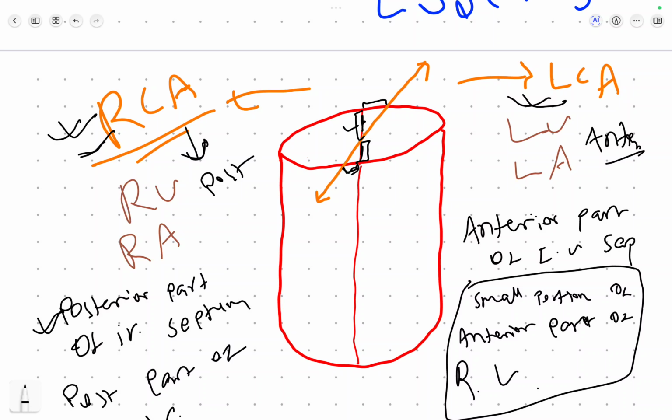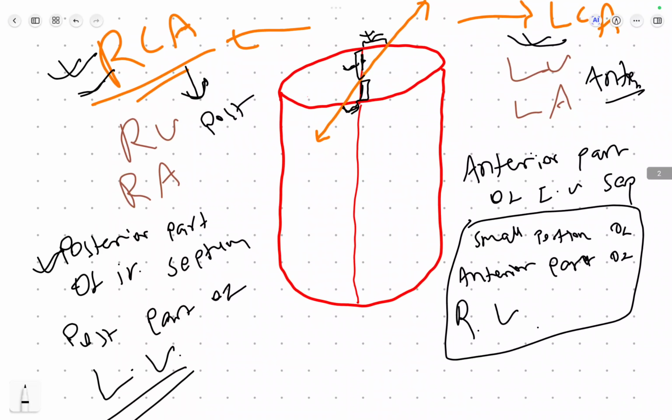So you can see it is supplying the posterior interventricular septum, then a small portion of the posterior part of the left ventricle, and the left coronary artery is supplying generally the anterior portion. So it is supplying the anterior portion of the interventricular septum and a small portion of the anterior part of the right ventricle.